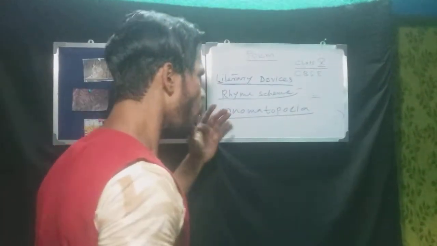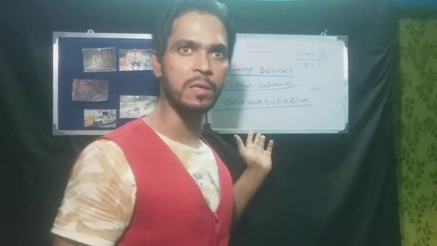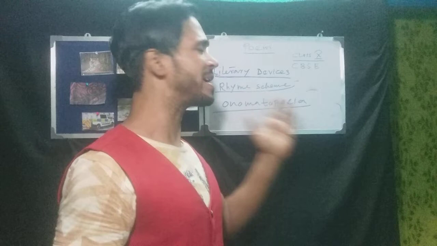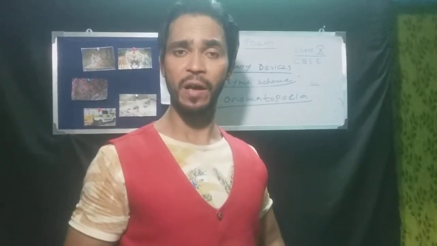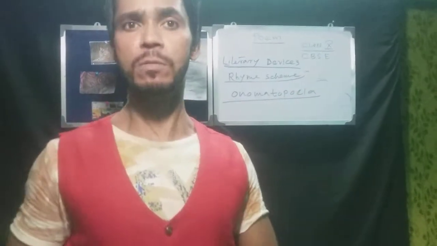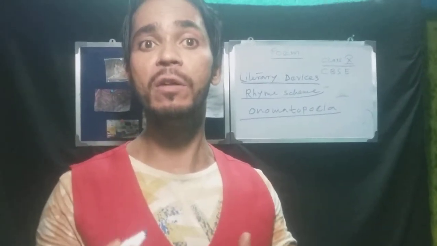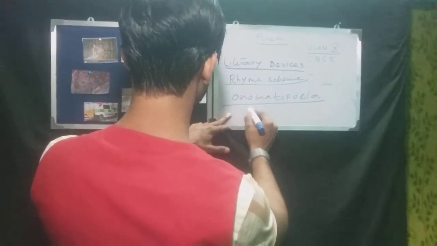It has onomatopoeia. The third stanza has a literary device, onomatopoeia. Now, what is onomatopoeia? It is used to indicate the sound of an animal, or denote a sound. Now, snarling.